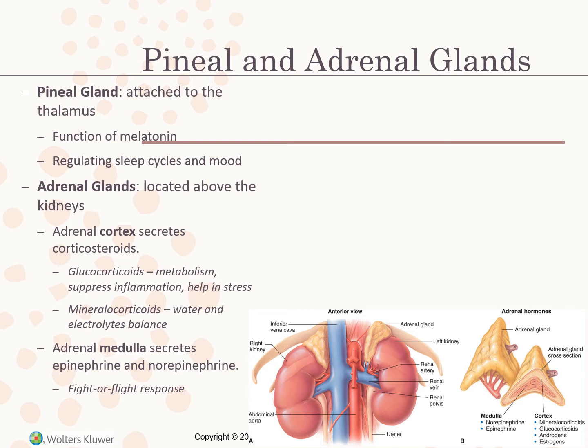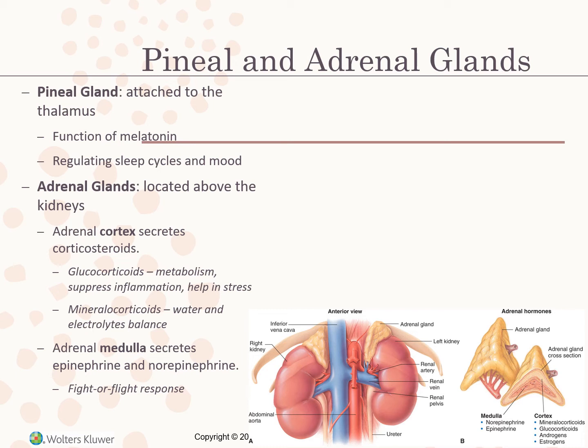Glucocorticoids and mineral corticoids are essential to life, and they influence a lot of the organs and structures of our body. Glucocorticoids, such as cortisol, affect your body metabolism, suppress inflammation, and help the body withstand stress.